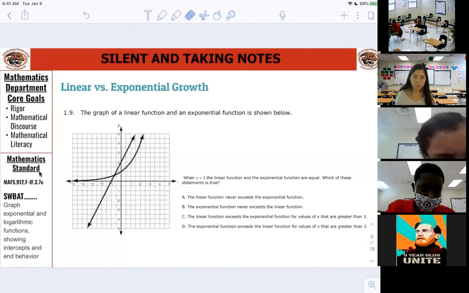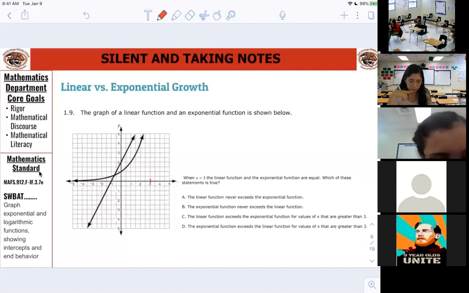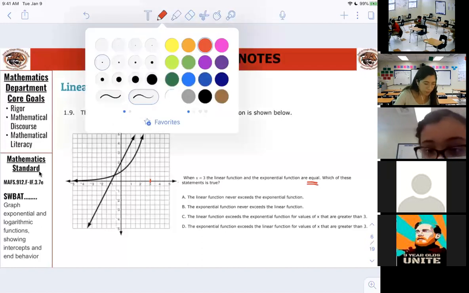Wait, what do they mean x equals 3? Okay, so when x equals 3, that's over here. When x equals 3, the linear function and the exponential function are equal. So what's happening? They intersect. Yeah, they intersect.